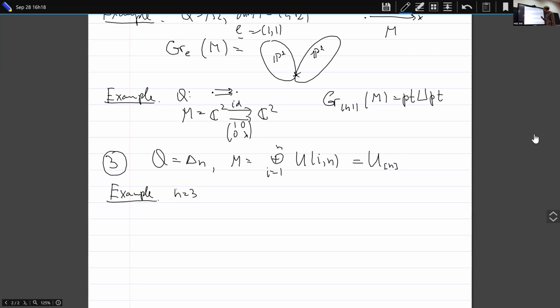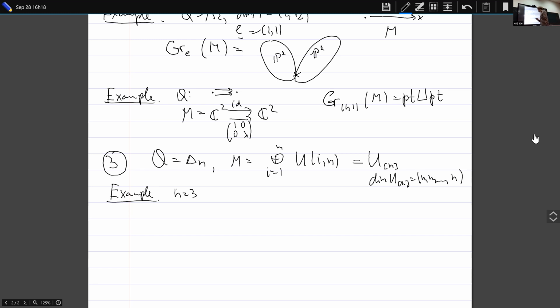Maybe I should say from the very beginning that the dimension of U over n is n at every vertex, because the dimension of each of the summands is 1, 1, 1, 1. So the dimension here is n, n, n, n.